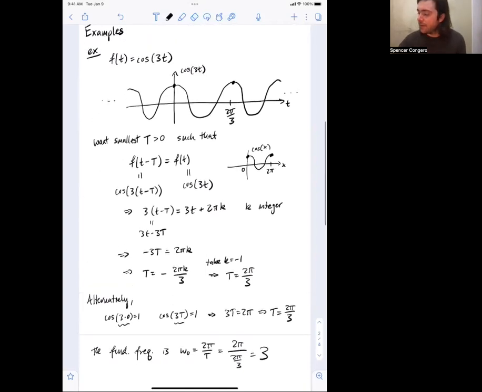One other thing I wanted to say: we definitely call this number the period of this function, but sometimes we also talk about ranges of our function, and we might say that this is one period. We might talk about one period of the cosine function as just this part of the graph.